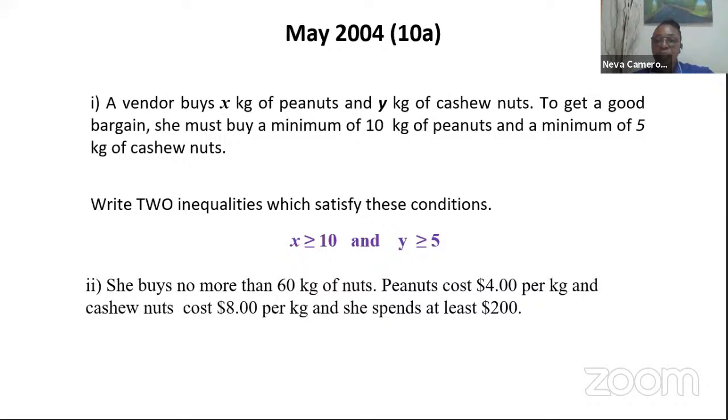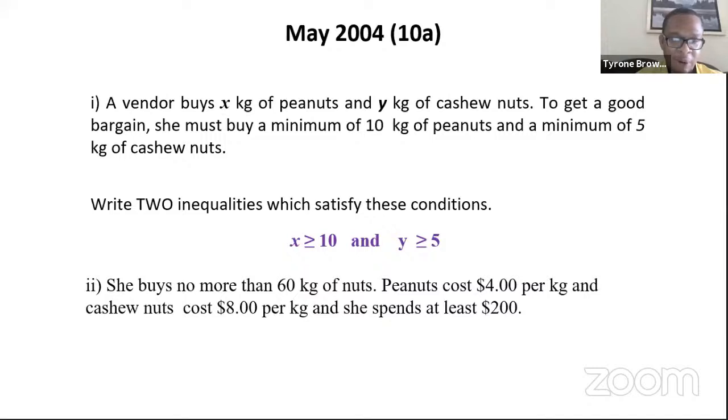Anybody else? Okay, Miss Morrison is saying x is less than or equal to y. But for Miss Morrison, I would want to ask the question, is it that you are being told that you're going to be buying more than the other? One of the things that we would want you to read and pick up from the question is, what is the question asking us?